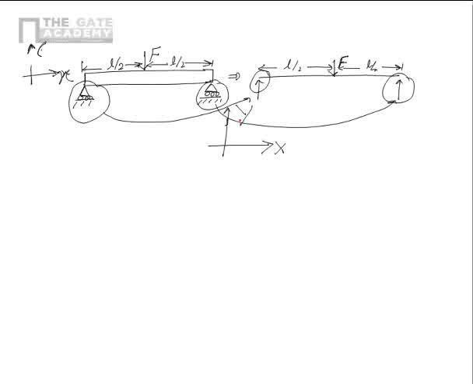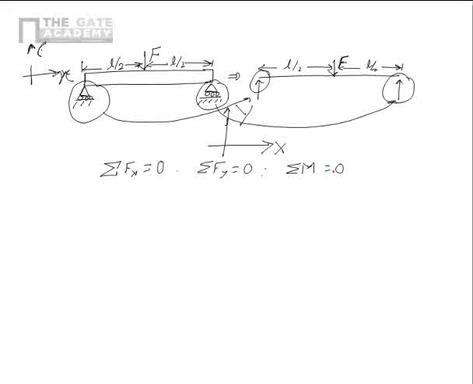Now in two-dimensional space, we can have at most two forces, Fx and Fy, and we can have only one moment which is acting normal to the plane. So there are only three equations of equilibrium in a two-dimensional space. The three equations of equilibrium are sigma Fx equal to 0, sigma Fy equal to 0, and sigma M equal to 0.